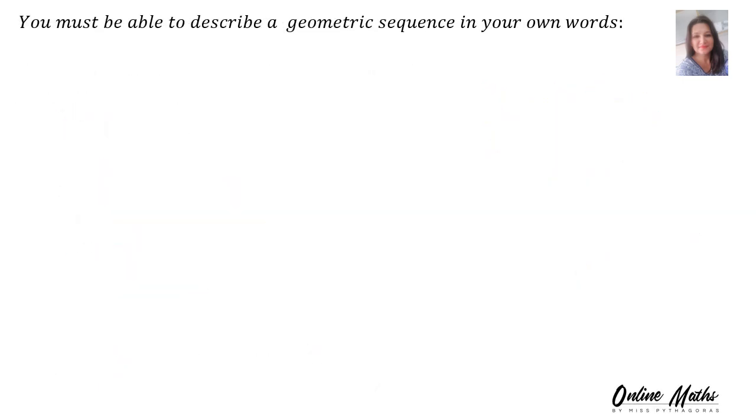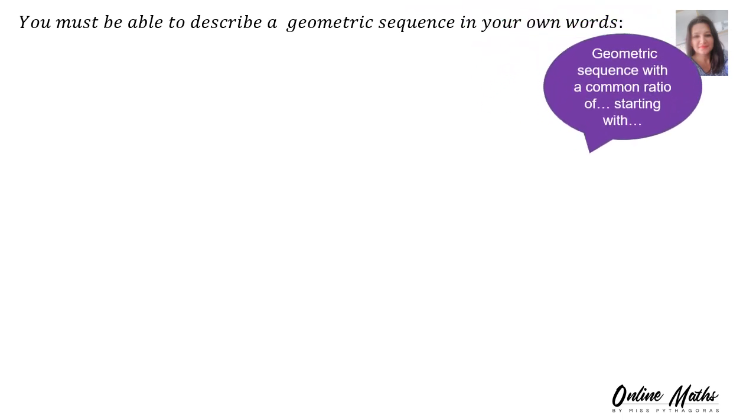You must be able to describe a geometric sequence in your own words. Use the words, a geometric sequence with a common ratio of, and then you give me the number, starting with, and you give me the number. So if I give you the sequence 1, 5, 25, 125, do you agree you multiplied by 5 to get to the next term?